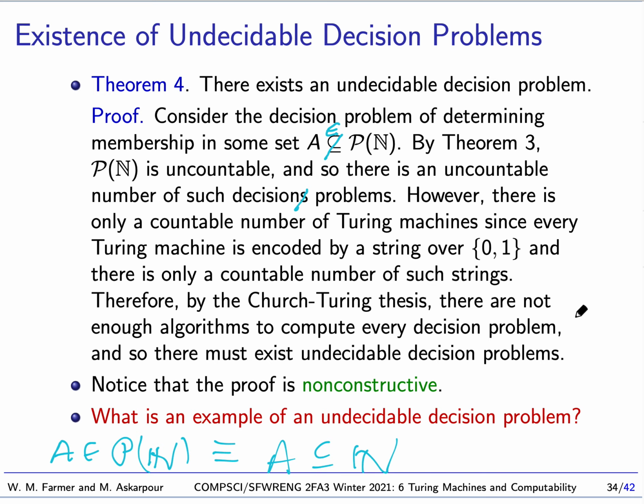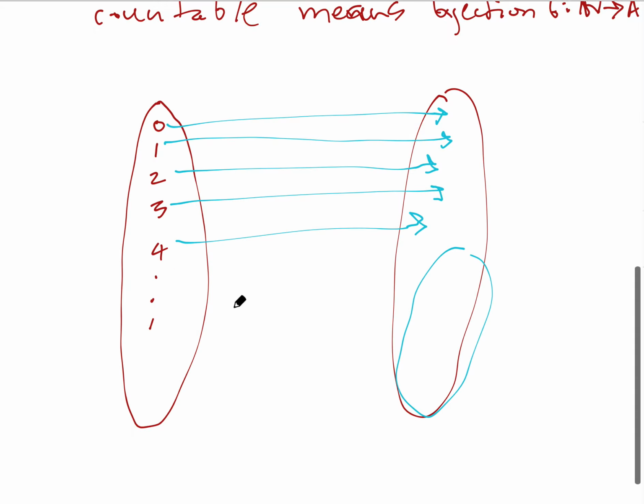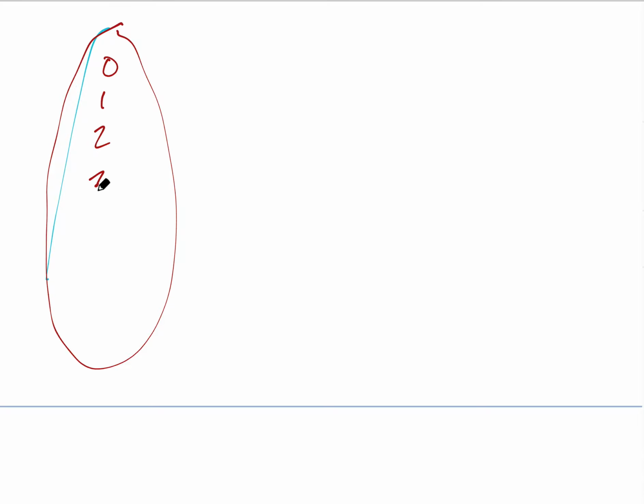I can count them. Let me give you a quick example of how. If we have all the natural numbers, and a string of zeros and ones, we can start with the empty string, then the string 0, then the string 1.